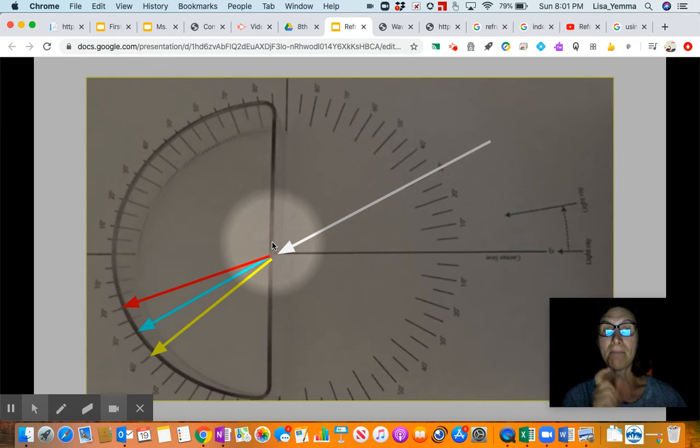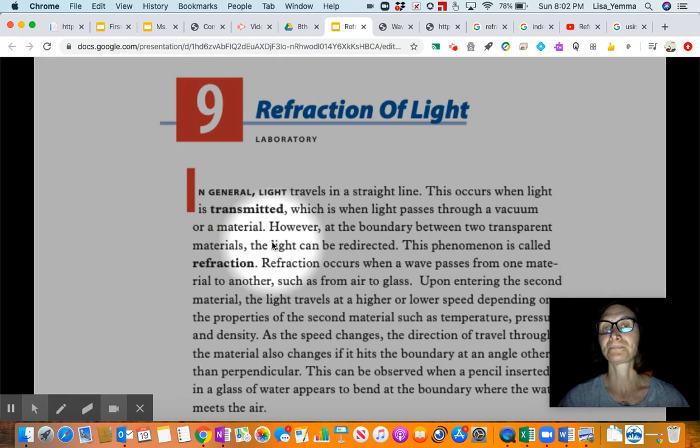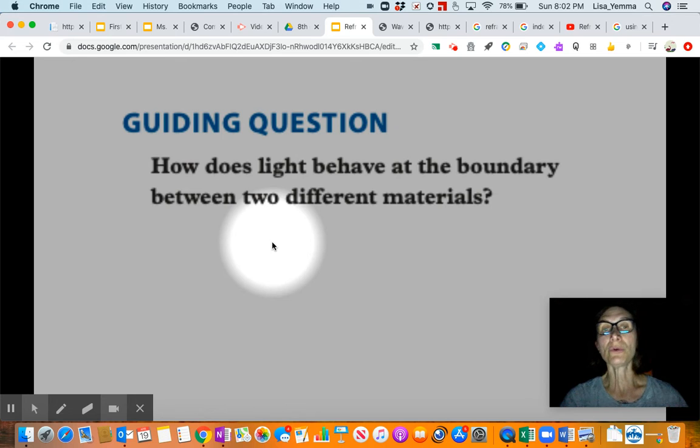Will that light bend towards the red or towards the yellow if it's going from air into water? So our question really for refraction is, how does light behave at the boundary between two different materials?